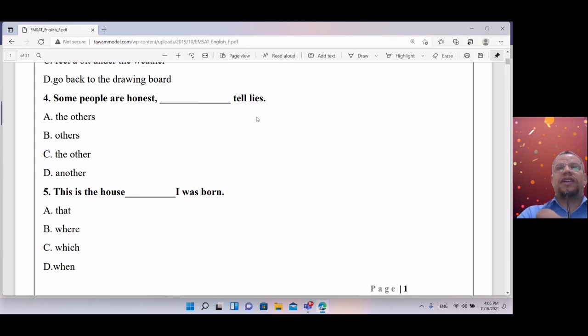Honest people cannot tell lies. So this one is another, not some people, other people. So "some", you don't know who they are. So some people are honest, others tell lies. Some people are honest, others tell lies. So it's B.